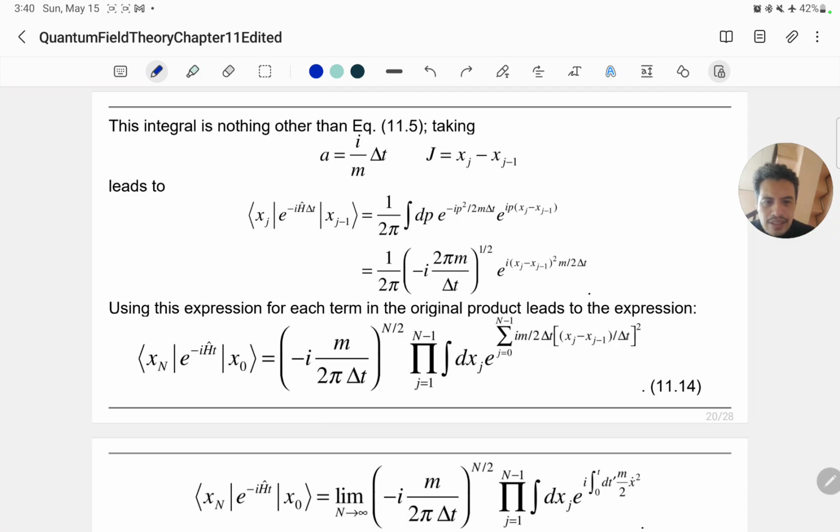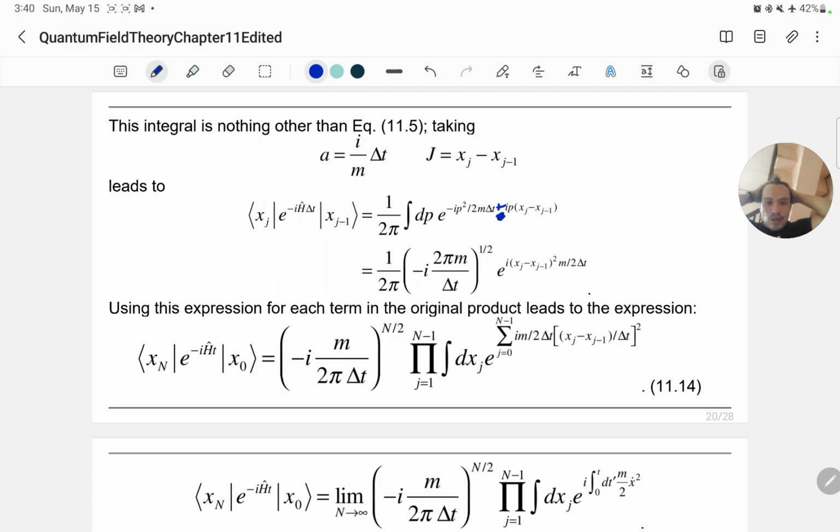So this will now be easy to integrate because you now have a Gaussian integral here. So you have an exponential that is in the order of negative p square, and then when you erase this one, this will just be plus that one.